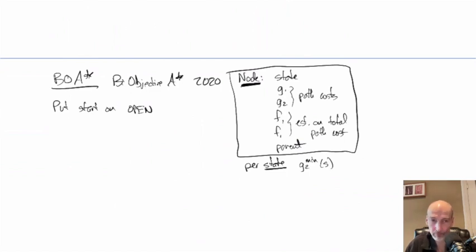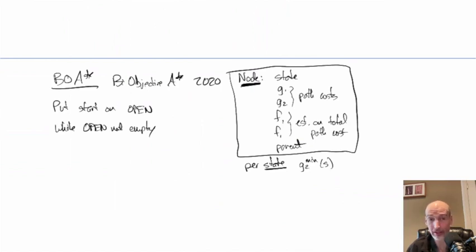Okay. And then what do we choose? How do we choose? So our loop here is while open is not empty. And normally we terminate our search, like in A star, as soon as you find the goal. But in a bi-objective search or a multi-objective search, we have to find all the goals, or all the different nodes that reach the goal, all different paths.